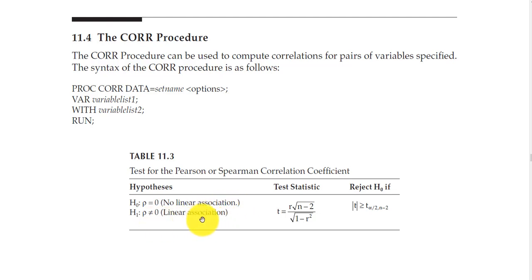If it's non-zero, there's a linear association, and the correlation coefficient r is our sample estimate, and it ranges from -1 to +1. So the closer it is to either of those endpoints, the stronger the association. The closer to zero, then there's no association. And this is a t-test, with n-2 degrees of freedom in this application.